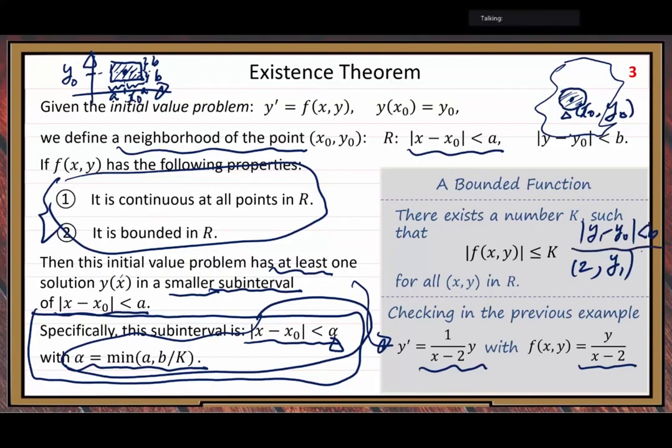Any y1 like that, but x must be 2, so it's not continuous. That's the first condition check. Second condition check: it's not bounded. Can you see it's not bounded? So both conditions are violated. How can you see it?